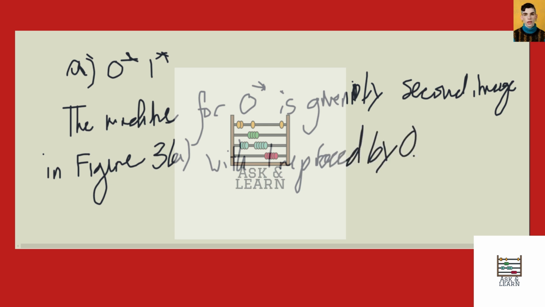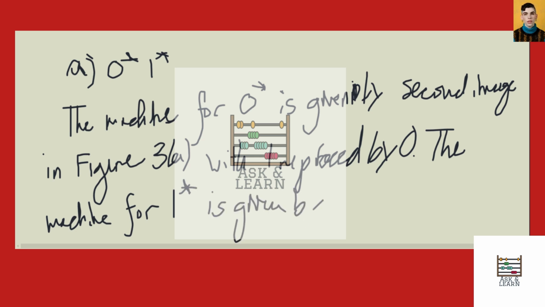And the machine for 1 star is also given by the second image of figure 3a.